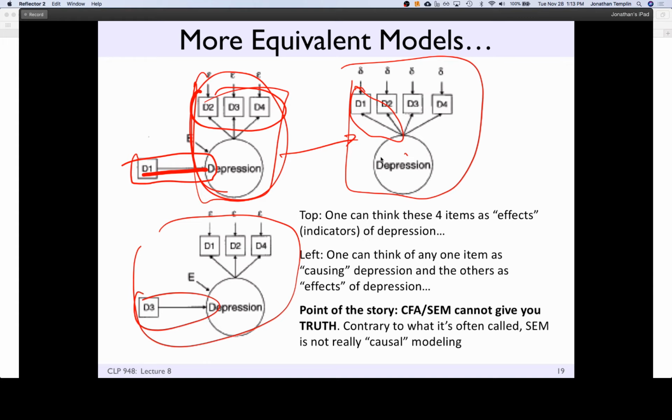So what you end up getting here is that you really can't necessarily get the truth about a model, because there might be plausible models out there that mean something different, but fit equivalently. So this is sort of where the word causal gets thrown around.